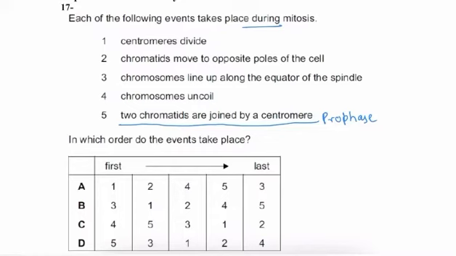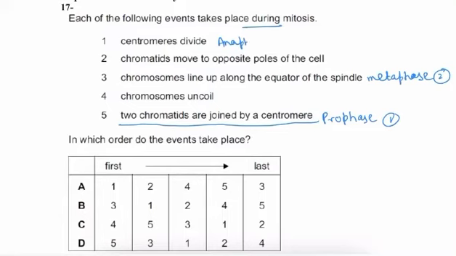Then the second statement will be that the chromosomes line up along the equator of the spindle, because this phase is the metaphase. So this is 1, this is 2. Okay. Then what happens? Chromosomes move to the opposite poles of the cell. Before that, the centromeres divide. The centromeres divide during anaphase.